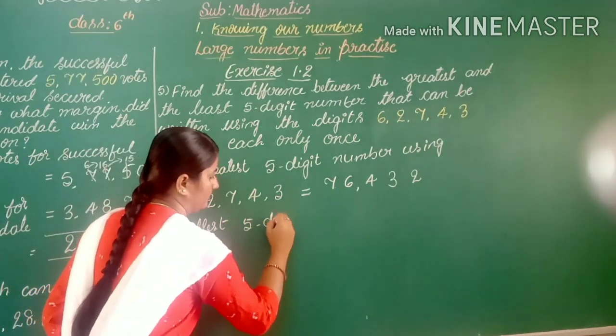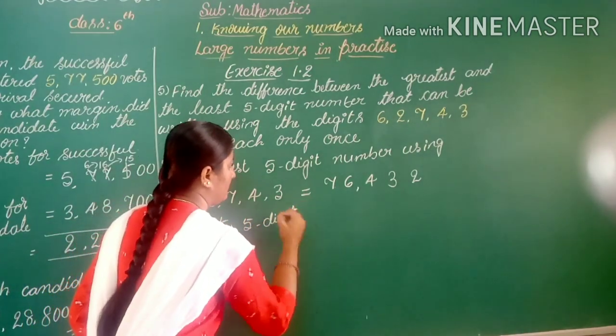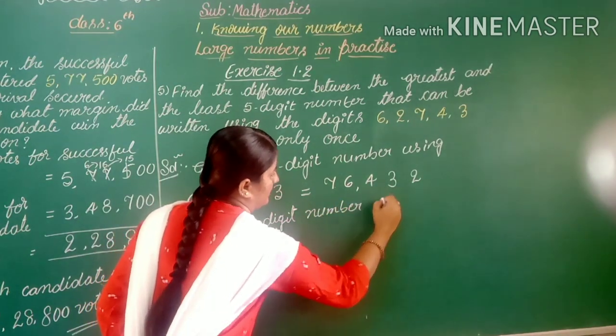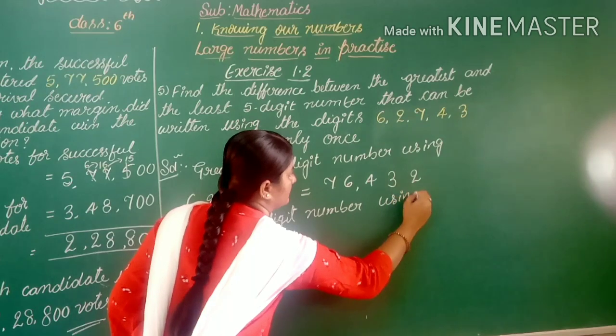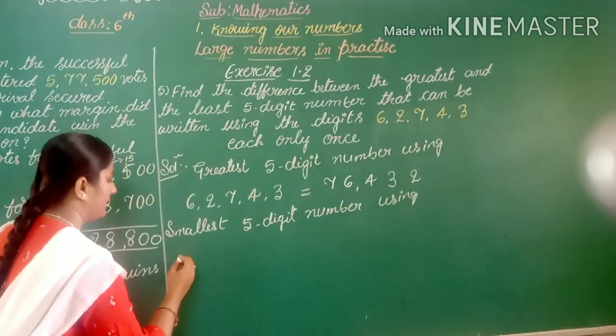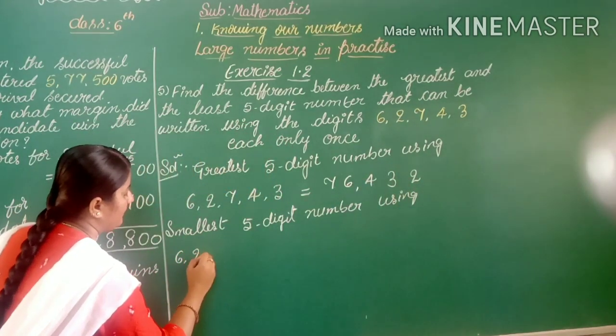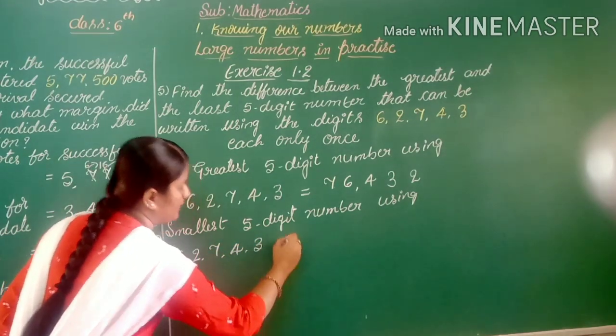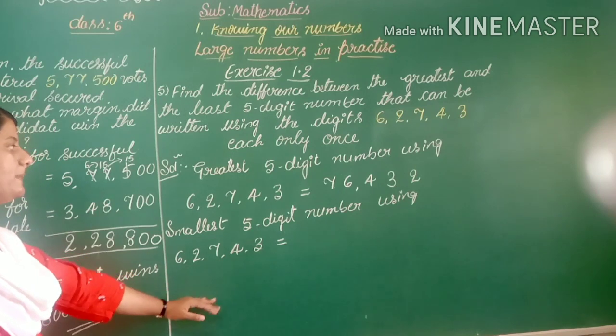Similarly, the smallest 5-digit number using the same digits 6, 2, 7, 4, 3. Now we have to write the smallest number.